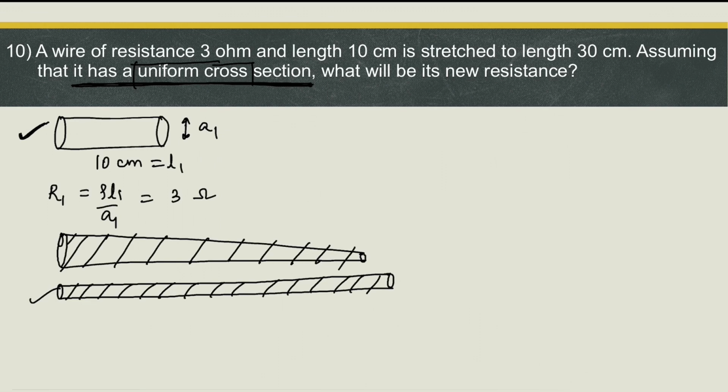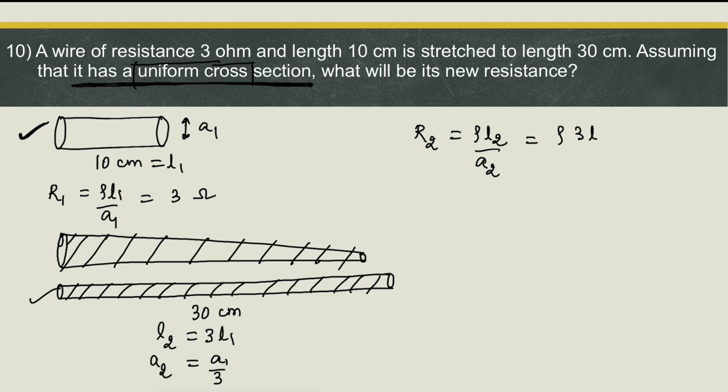So area definitely decreases when we increase the length, but its area remains uniform throughout the length. So new length is 30 centimeter. So we can say L2 is 3 times L1 and hence new area must be 1/3 of the original area. So now R2 is equal to rho L2 upon A2.